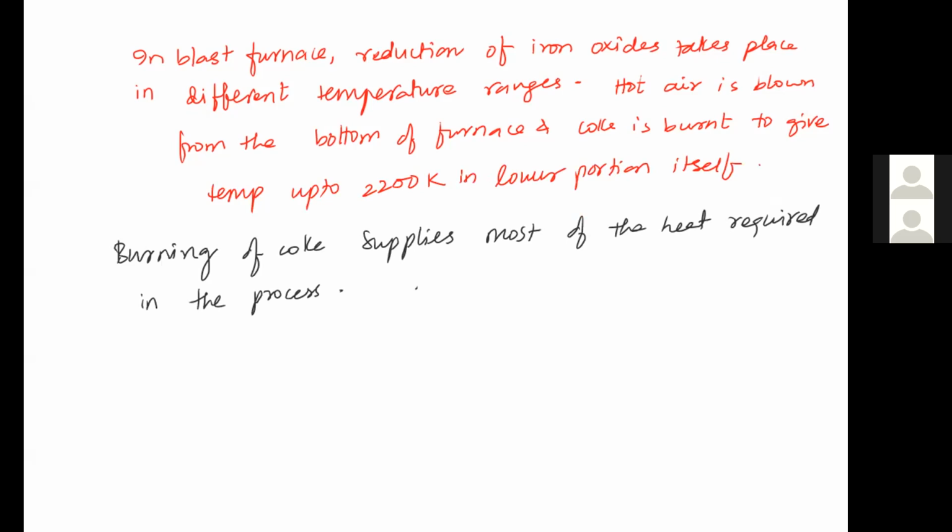So what happens here? Carbon monoxide and heat move to the upper part of the furnace. I'll show you the diagram also.